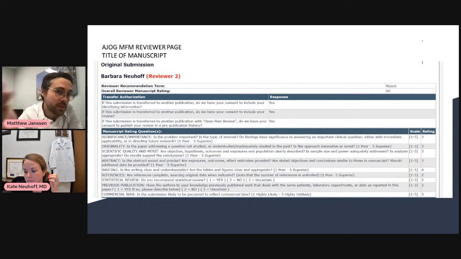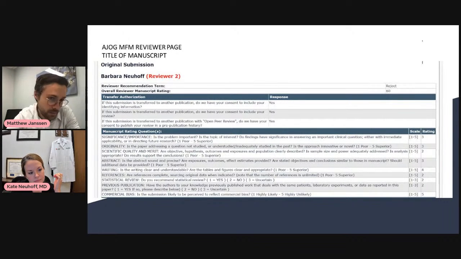Maybe you'll resubmit it to this journal, maybe it'll be a different journal, but you're still providing that constructive criticism and feedback that's going to help them with this manuscript, or with others that they may submit. So, when you say you're going to review a paper, obviously you don't know whether it's going to be good or bad, and you just say, okay, this is what I've signed up for, and this is the amount of time it's going to take, and that's what I'm going to make sure I do, regardless of the overall quality of it.